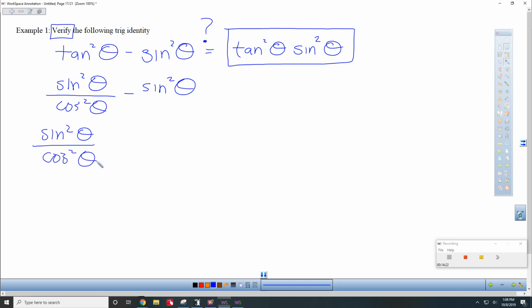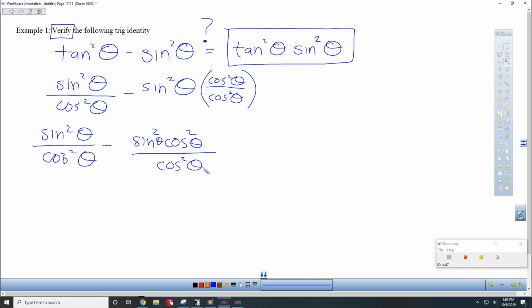Remember what we learned about the fractions. Let's get a common denominator. So I'm going to multiply this by cosine squared theta over cosine squared theta. And we're going to get minus sine squared cosine squared theta, all over cosine squared theta. Now, why did I do that, you might ask?